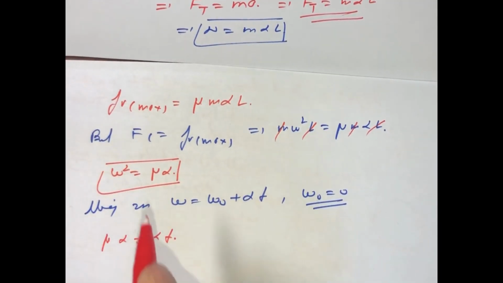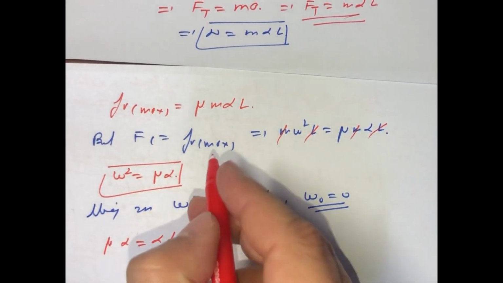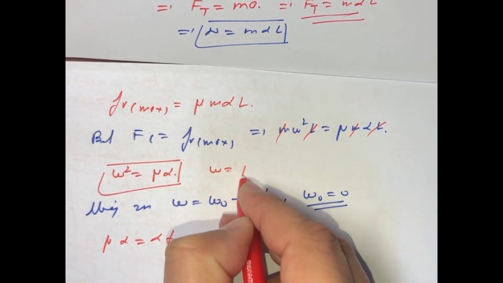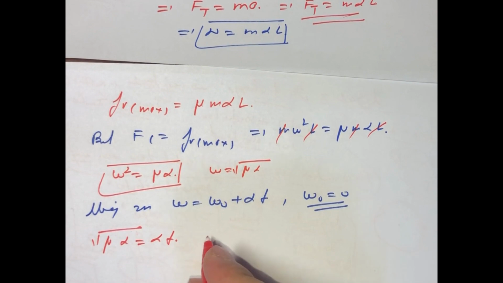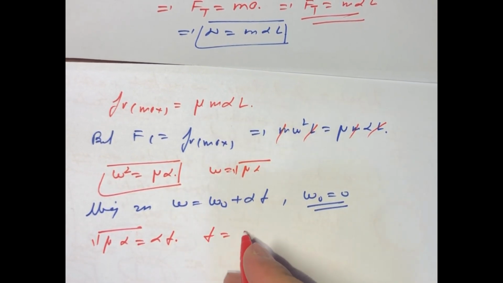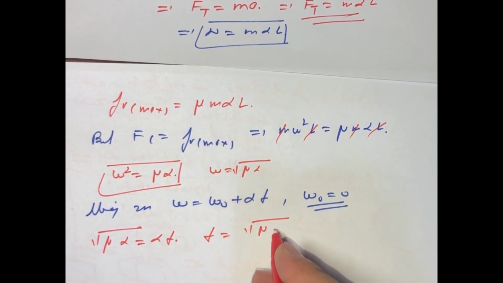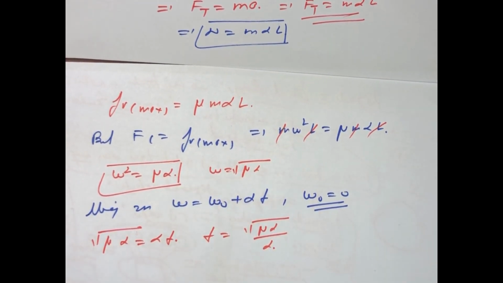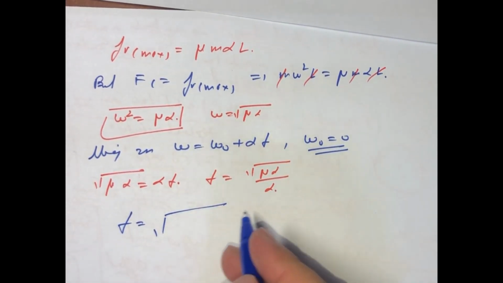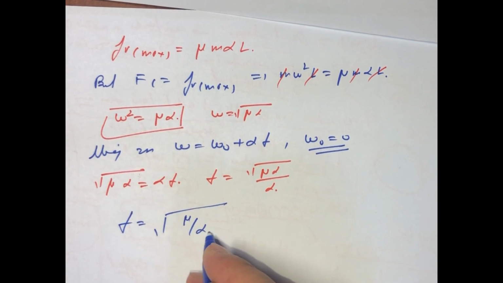So from here we can say time t is equal to the square root of mu upon alpha.